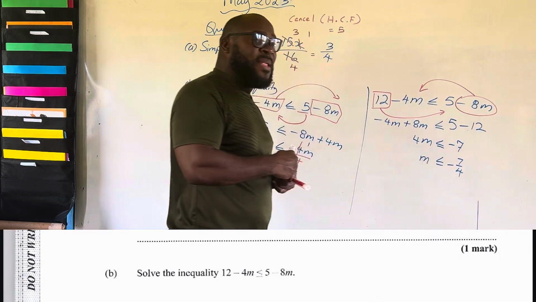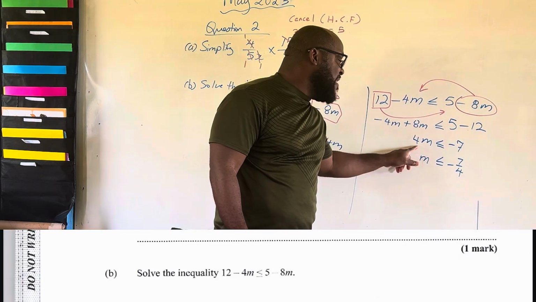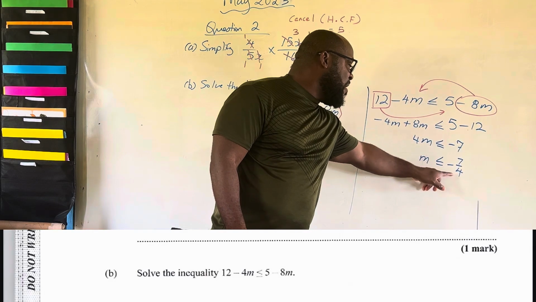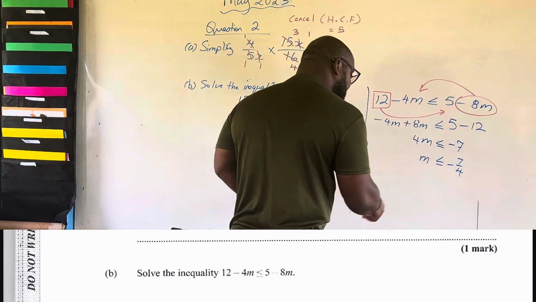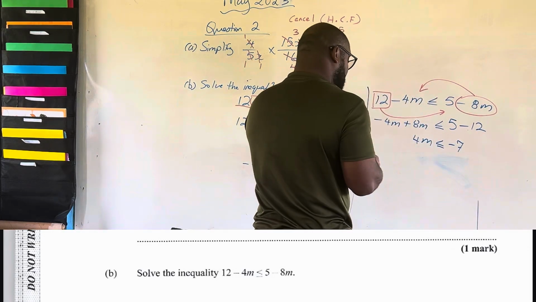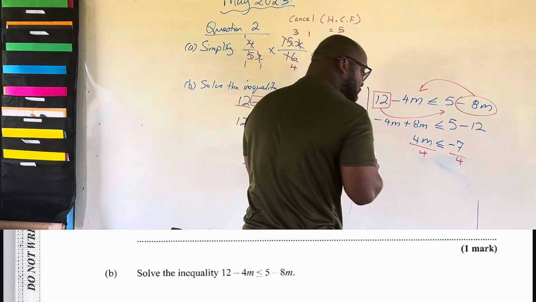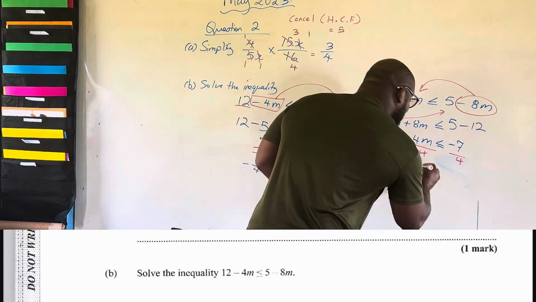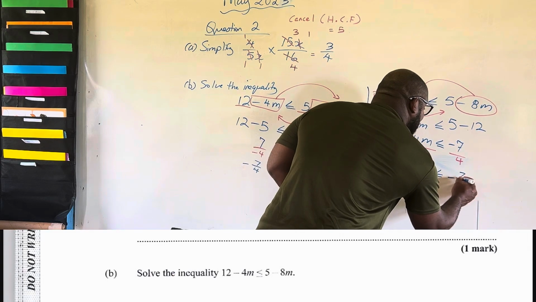Now what happens with the opening? You will change this side, right? Because I did not divide by a negative number, I divided by what? Positive 4. So now we are left with m less than or equal to minus 7 over 4.